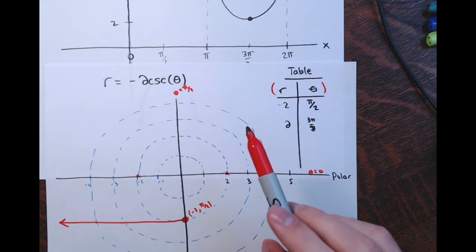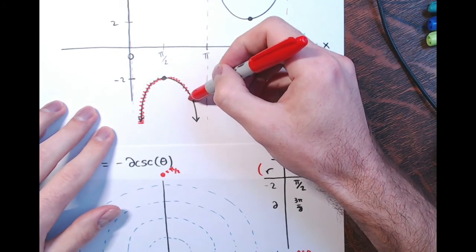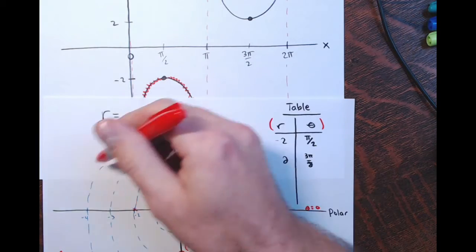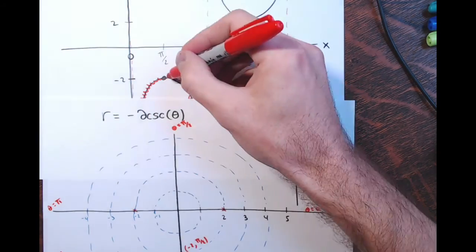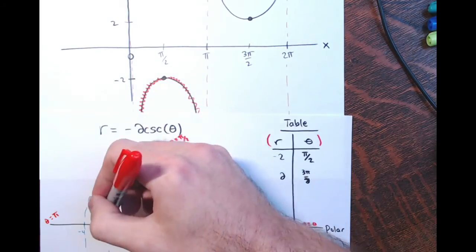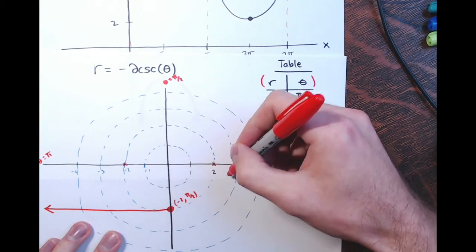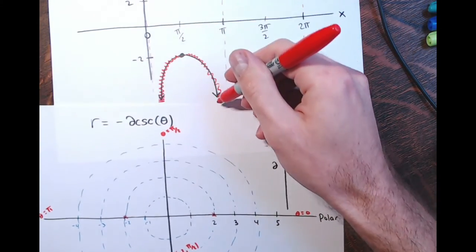All right, and then this part of the graph, from theta equals pi over 2 to pi. So I'm between here and here. But again, I have negative values of r. So instead of having a piece of the graph show up between these two, it's going to show up between these two on the opposite side. And the value is going from r equals -2 to r equals -infinity.